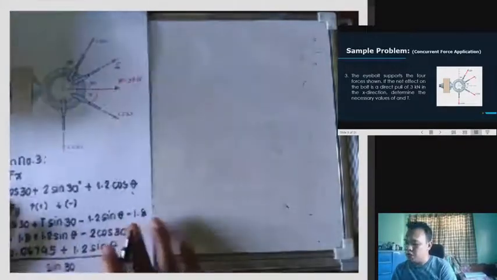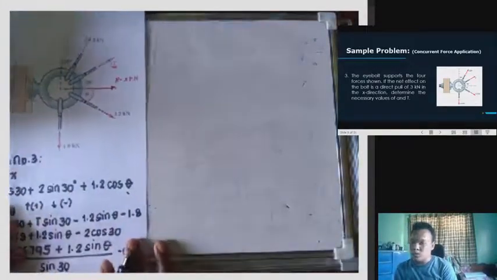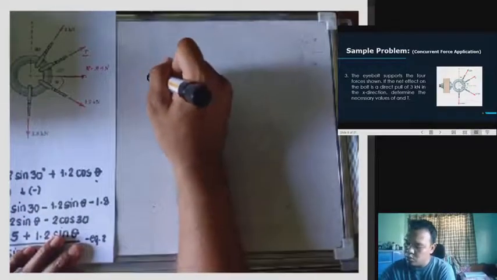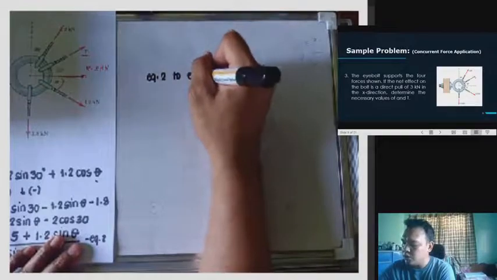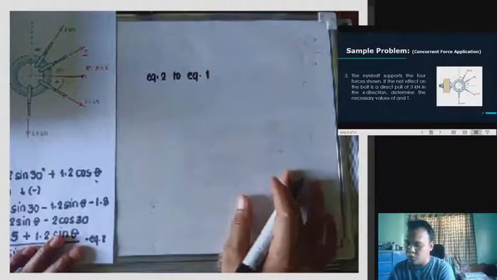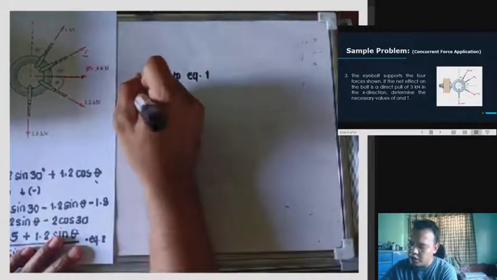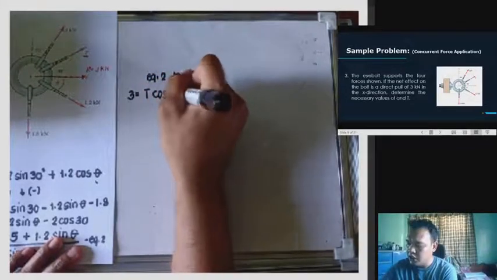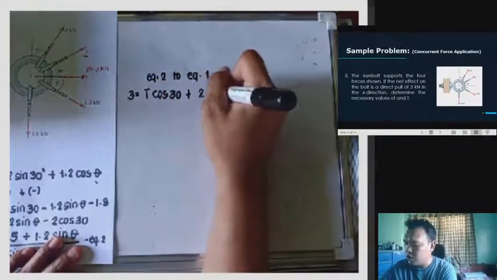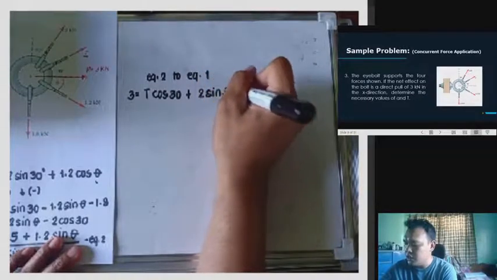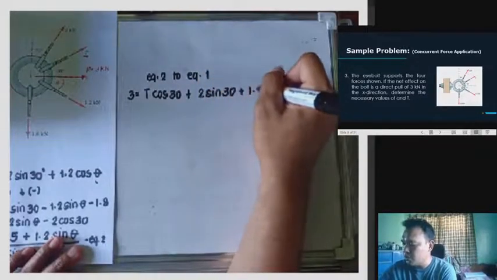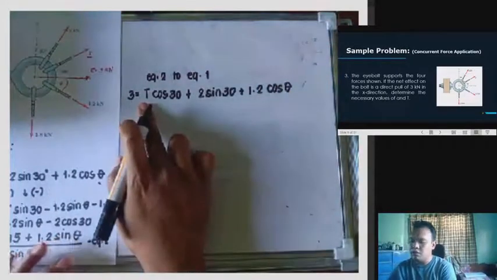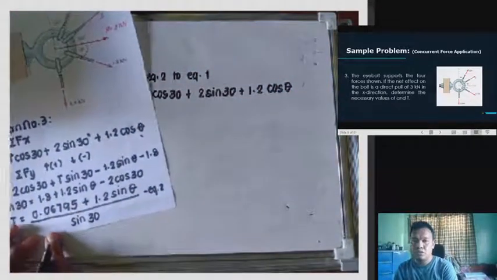Okay? So we have here equation 2 and equation 1. So substitute equation 2 to equation 1. So we have here equation 1, which is 3 equals T cosine 30 plus 2 sine 30 plus 1.2 cosine theta. And we all know that the value of T is ito.